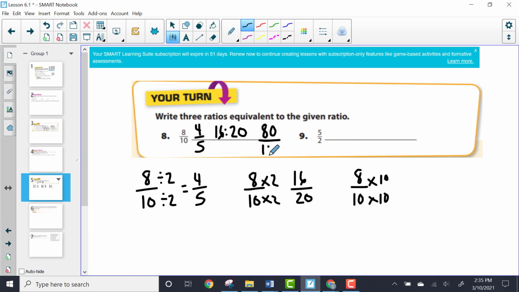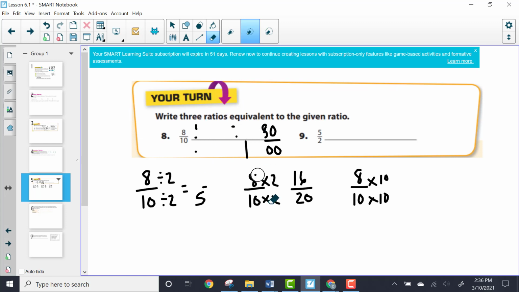So as long as you multiply or divide both terms by the same number, you'll have an equivalent ratio. As you can see, there are an infinite amount of equivalent ratios to 8 to 10. You could just keep going on and on forever.